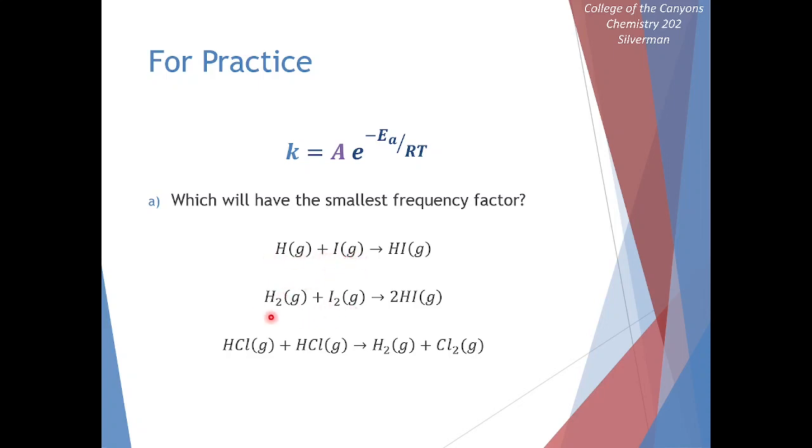Our diatomic molecules here, as we saw on the previous slide, will be harder to do correctly. We're going to have a smaller frequency factor. Lastly, if we have hydrogen chloride gas colliding together here, maybe this is going to be the hardest to do.